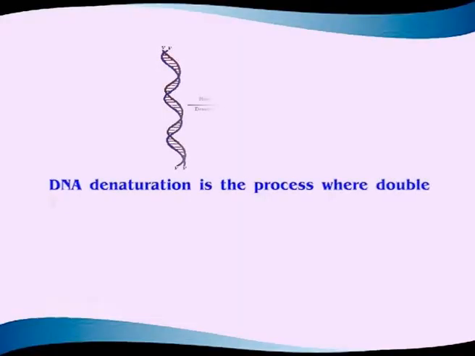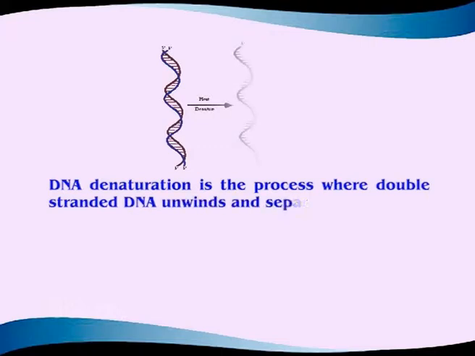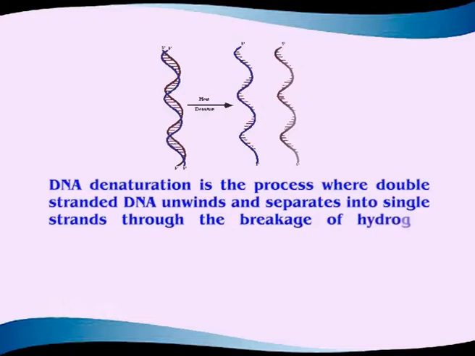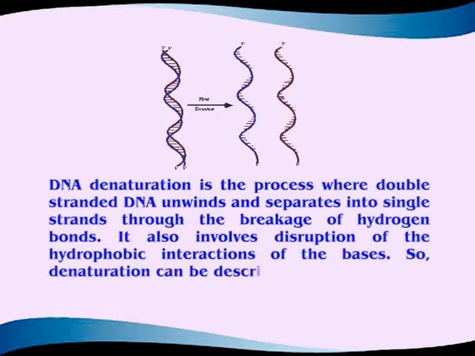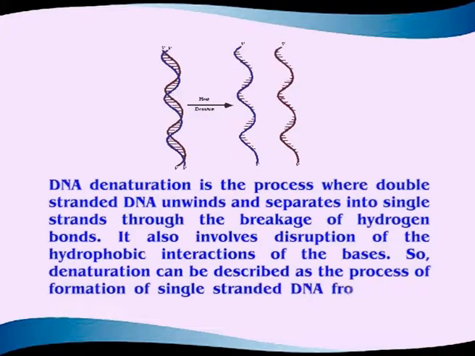DNA denaturation is a process where double-stranded DNA unwinds and separates into two single strands through the breakage of hydrogen bonds. It also involves disruption of the hydrophobic interactions of the bases. So, denaturation can be described as the formation of single-stranded DNA from double-stranded helical DNA.